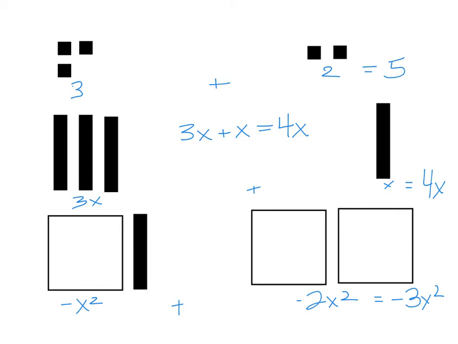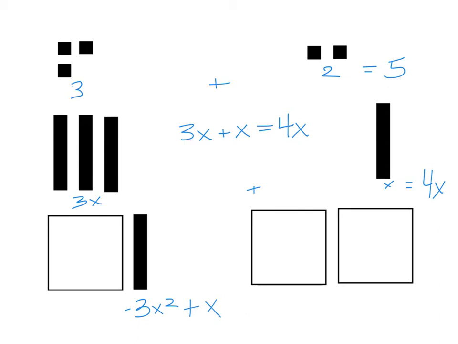This expression is now, and I'll erase this bottom part so that we can see this, if I'm putting together now these 4 shapes, I now have negative 3x squared plus x. I cannot combine the x and the x squared.